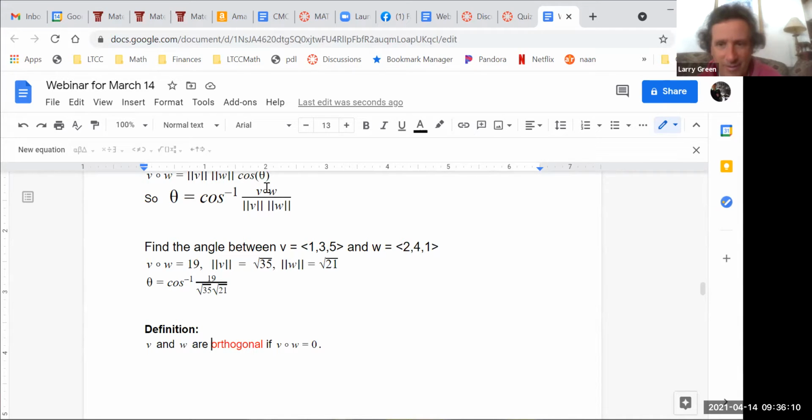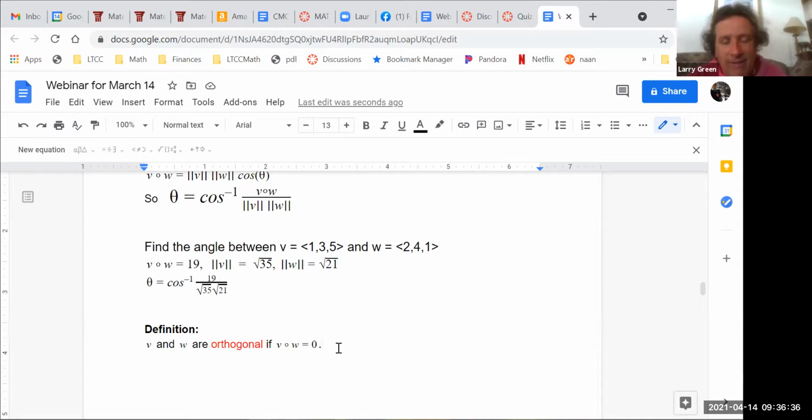Pi over 2. Okay. Cosine of 90 radians is not 0, by the way. But pi over 2, definitely. So the cosine of pi over 2 is definitely 0. You're used to pi over 2 radian angles meaning perpendicular line segments, or vectors in this case.